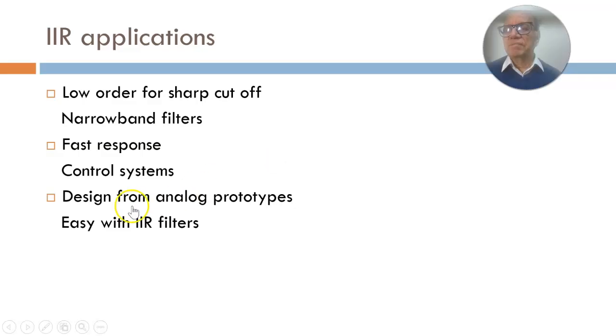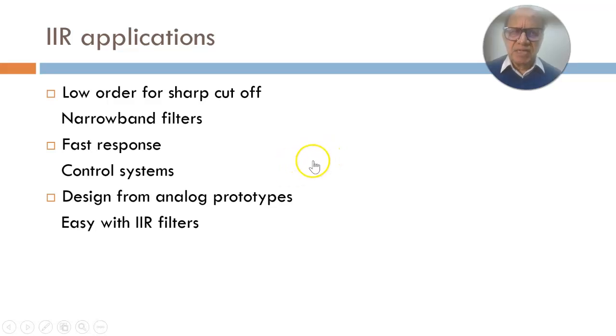Also note that design of the IIR filters is quite involved, but then a lot of analog filter design theory is available. Most of the tables are available, and by using appropriate transformations, it is possible to design IIR filters from the analog prototypes which have been extensively studied historically.